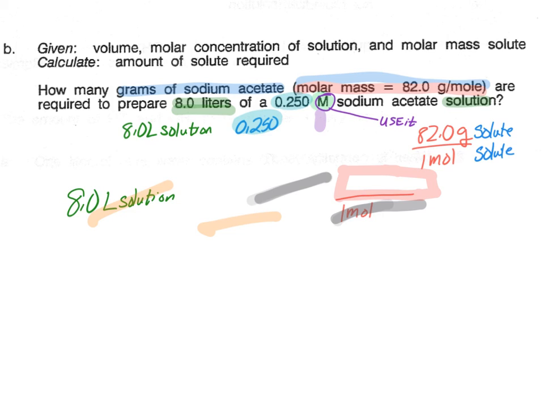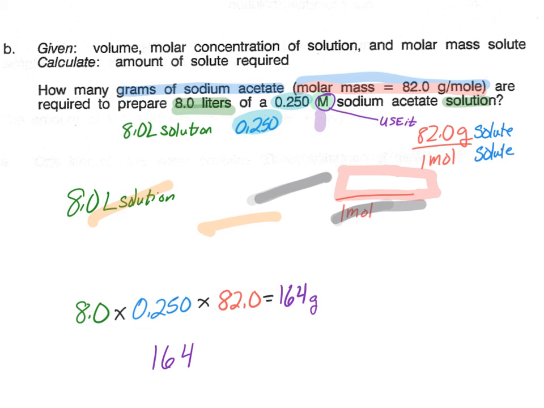Now let's put that in our calculator, and we're going to have 8.0 times 0.250 times 82, which gives us 164 grams of sodium acetate. And finally, for the online homework, exams, and quizzes, you'll want to write in 2 decimal places as the directions tell you at the top, and so you would write 164.00 for this answer.